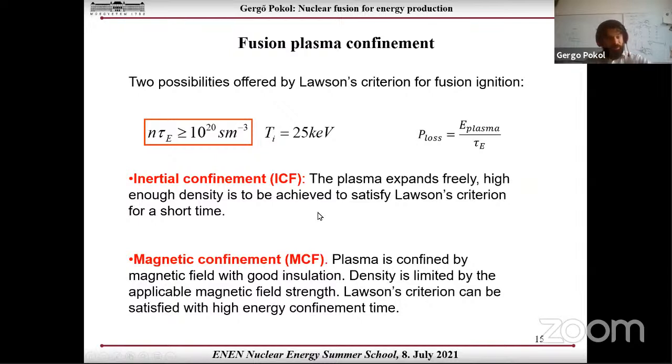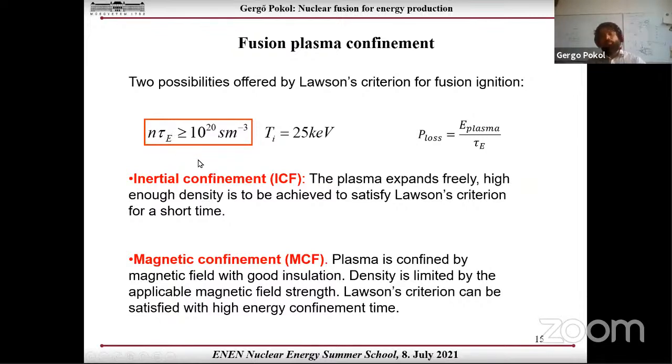One is inertial confinement fusion, which actually kind of works already, because the H-bomb works like this, that the plasma expands freely after ignition. That's what you call explosion in other terms. And so energy confinement time is quite low. So you need high densities to achieve this.